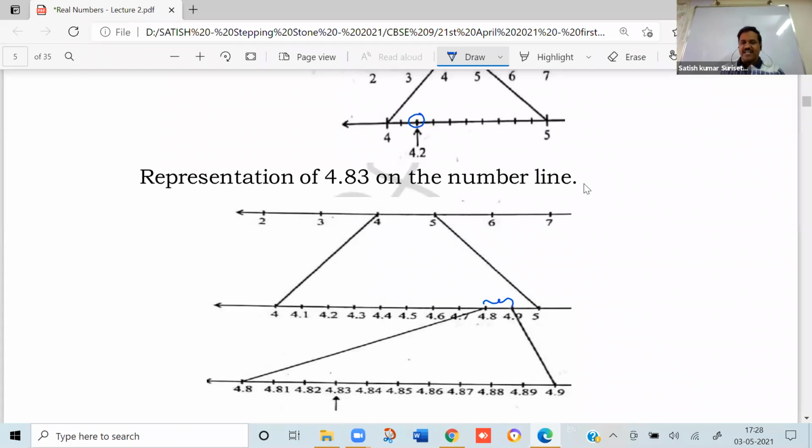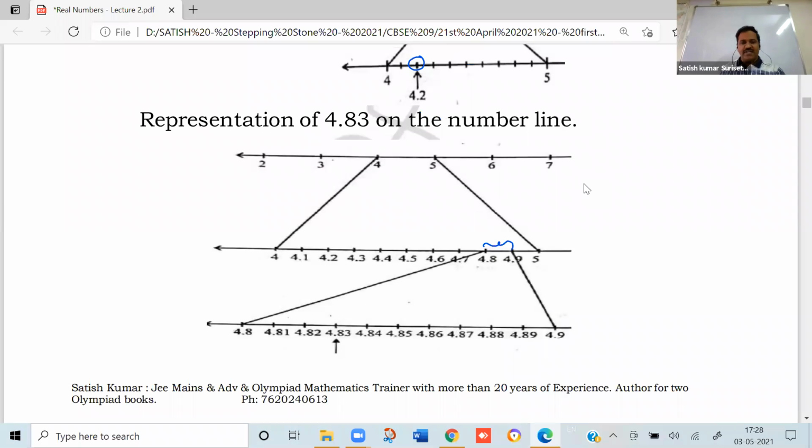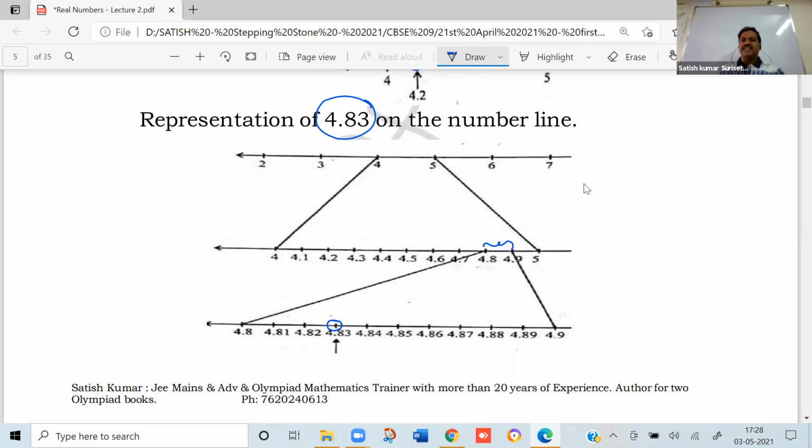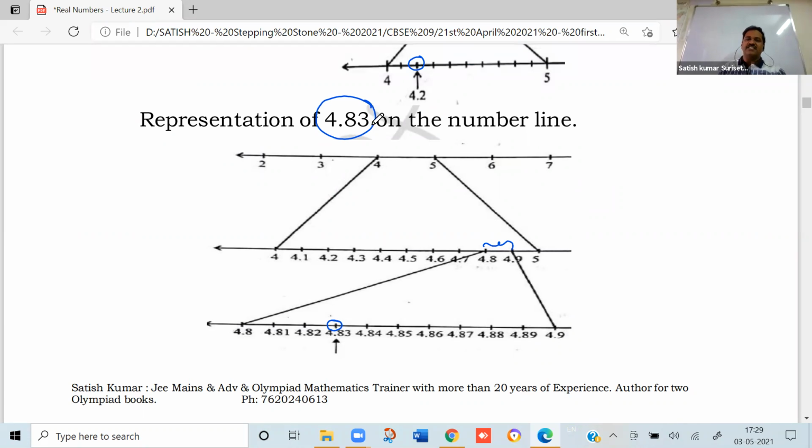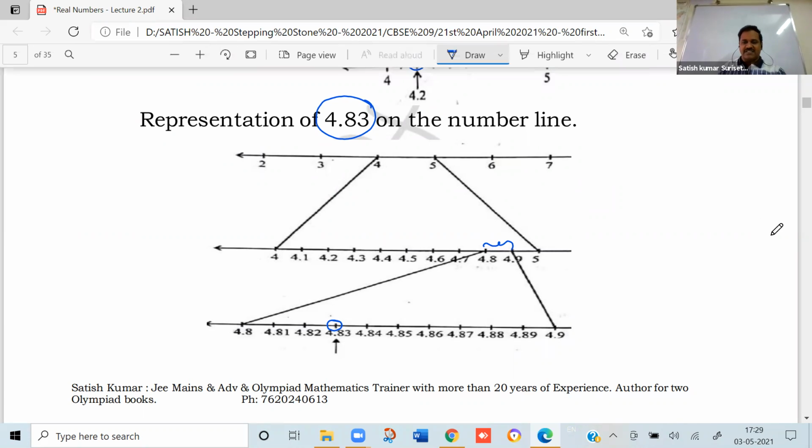Again divide that into 10 equal parts: 4.81, 82, 83 and so on up to 89, 4.9. Now 4.83 is this one. Basically we are magnifying this portion and then dividing into 10 equal parts. So if one more digit is there, you continue in the same process.